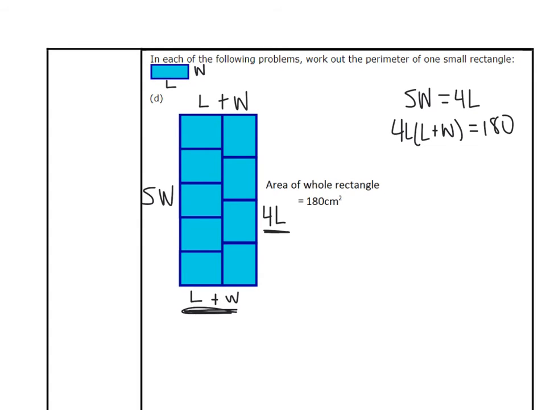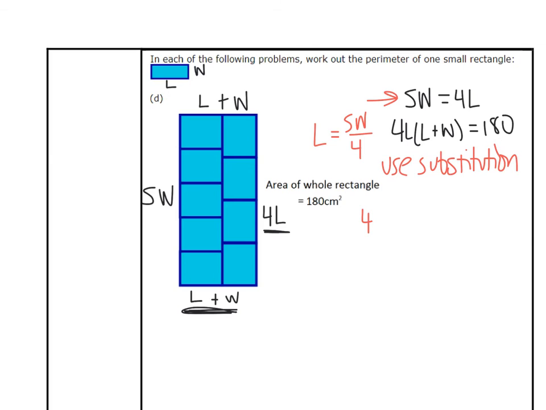I'm going to rearrange the first one and make the first one solved for L. So it would say L is 5W over 4, dividing by 4 on both sides. And then I can use substitution to plug that into my second one.